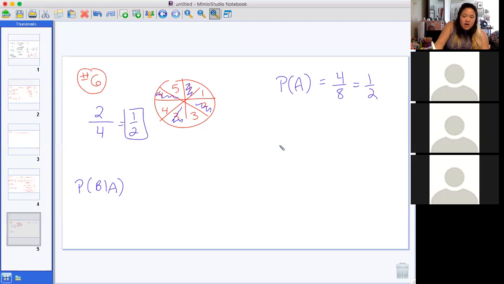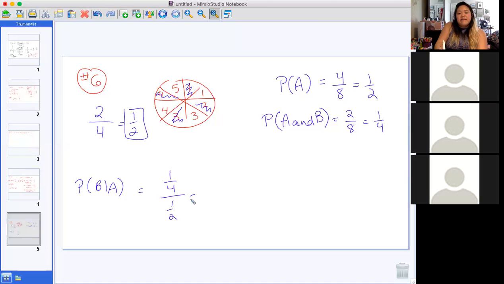And then I want the probability of A and B, so it's shaded and it's even. Out of the 8, only 2 of them, so 2 out of 8, which is a 4th. So if I use the formula, 1/4 over a half gives me 1/4 times 2 over 1, which also gives me a half. Does that make sense?